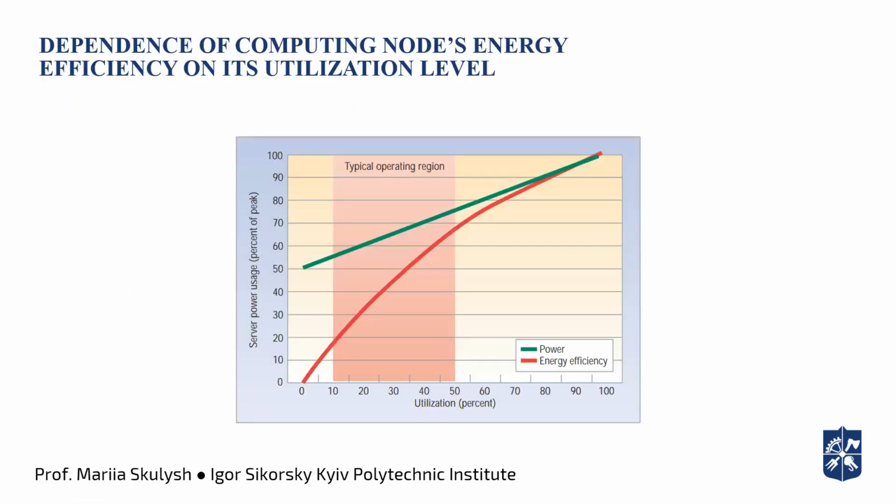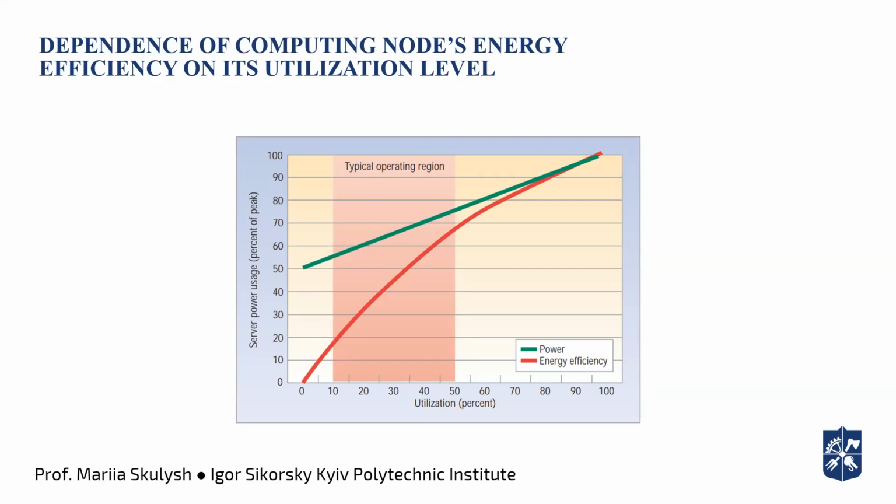For example, how the energy depends on tasks, or how energy efficiency depends on the power. Power grows as a linear function, by a well-known law.